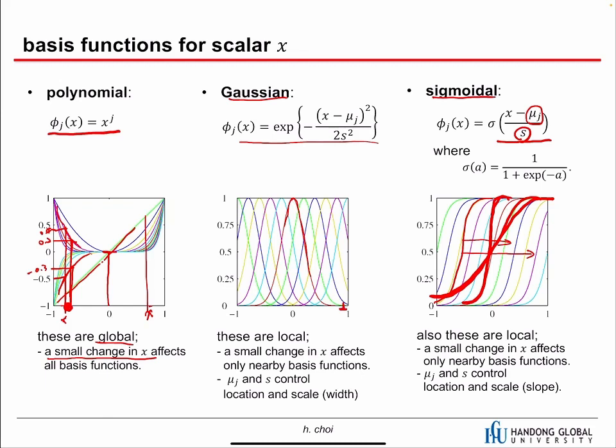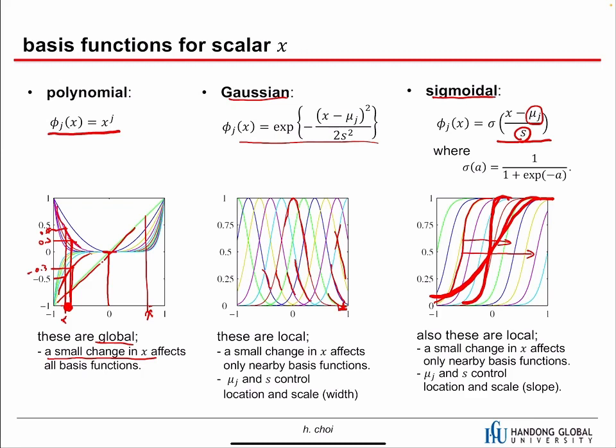The output of the red function is not changing. This one, the cyan, is not changing, this purple is not changing, this green one, the blue one, they don't change. And the sum of them will be affected. This green one might be affected slightly, then the blue one will be affected, and the green one, then cyan. Some of them will be affected by this change, depending on the location of these basis functions.